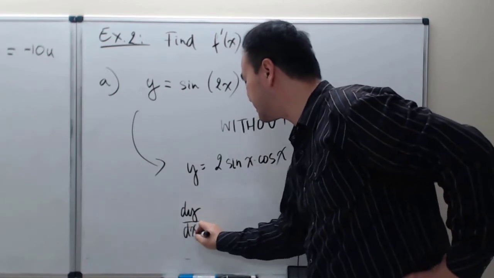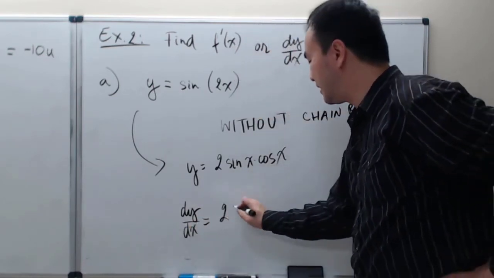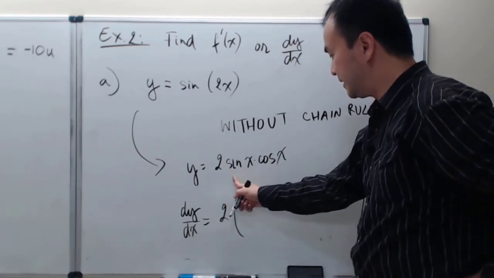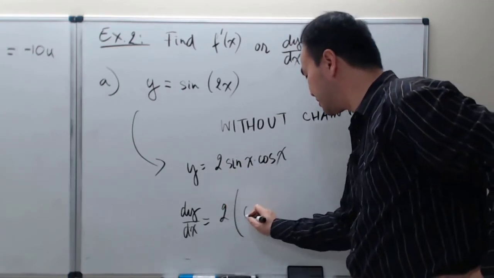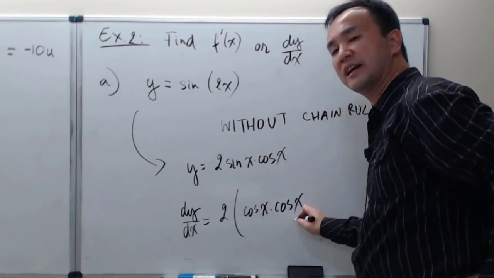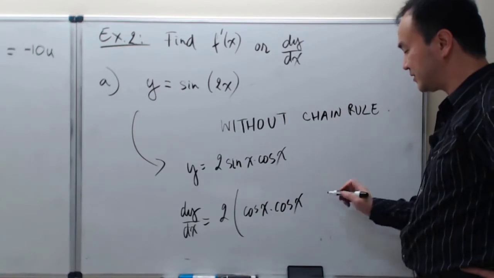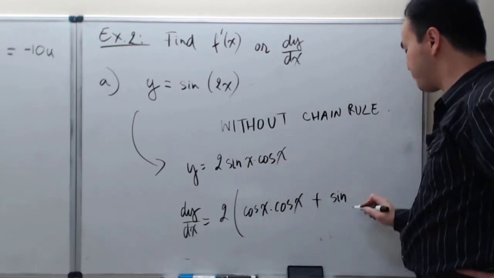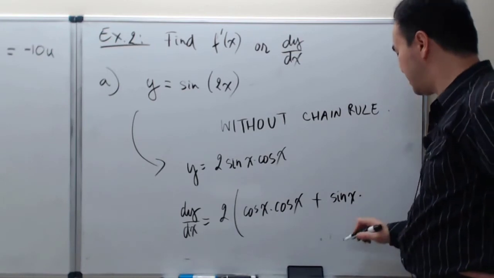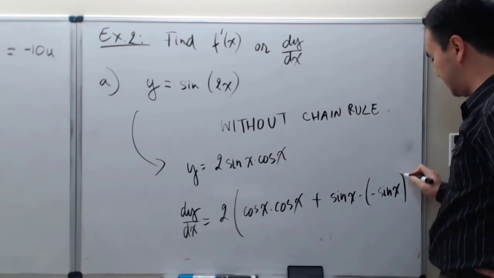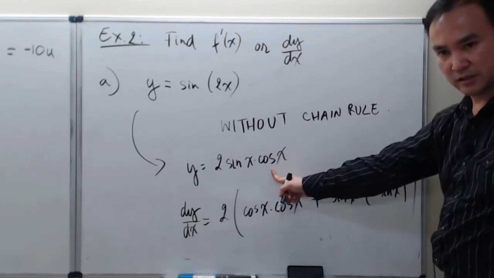dy/dx equals 2, and because it's a constant coefficient, we can simply keep it there. The derivative of sine is cosine, so it's cosine of x times the other function, the same product rule. Plus, now I'm going to keep sine of x the same, but multiply with negative sine of x, which is the derivative of our cosine function.